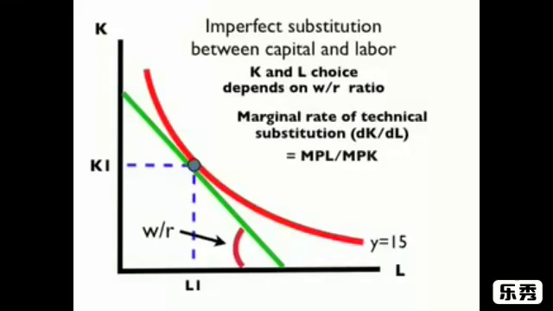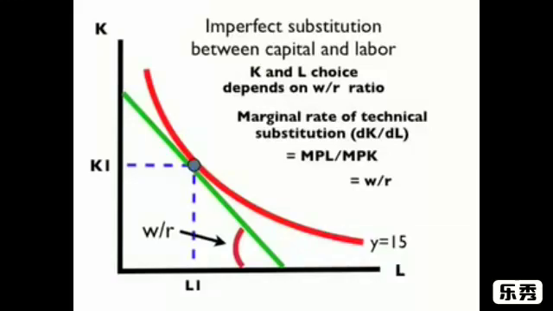So if we say that the equilibrium condition is where the slope of the isoquant, that is to say, marginal productivity of labor compared to the marginal productivity of capital, equals the slope of the isocost line, then that means that MPL divided by MPK is equal to the wage-rental ratio in equilibrium.